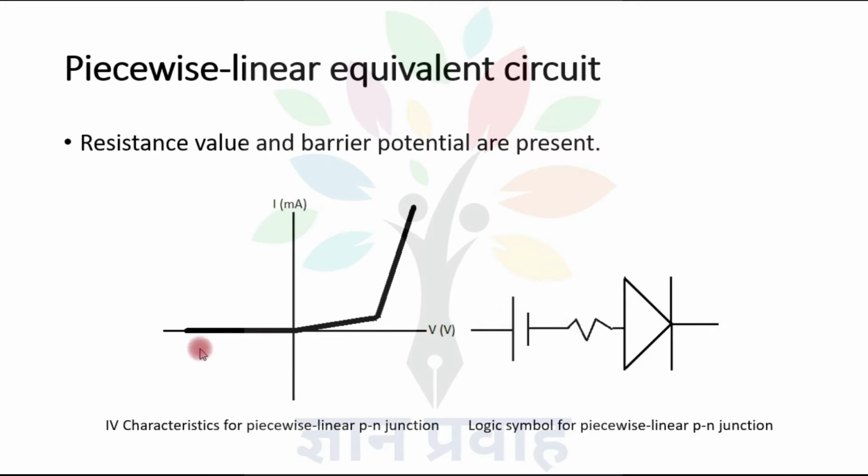The IV characteristic for piecewise linear p-n junction diode is given here. So there is some slope in the characteristic for piecewise linear p-n junction diode, and this slope is due to the resistance value available with the p-n junction diode.